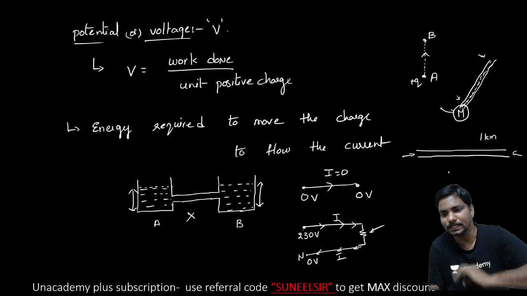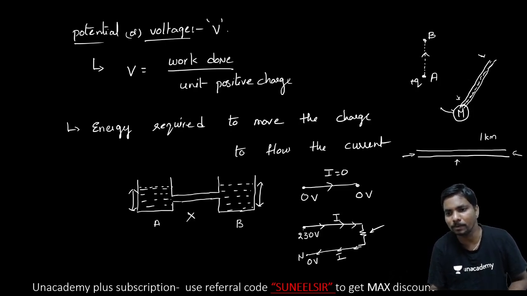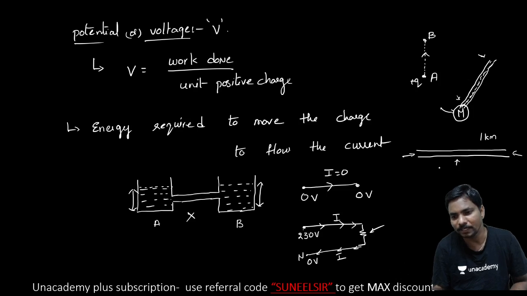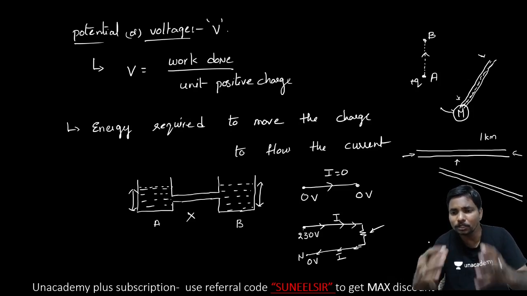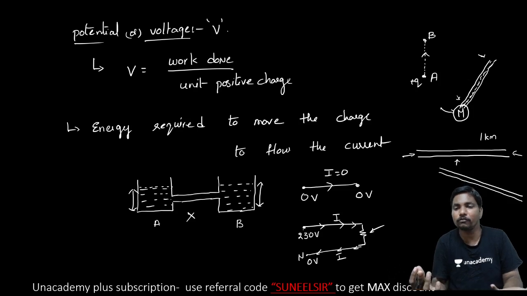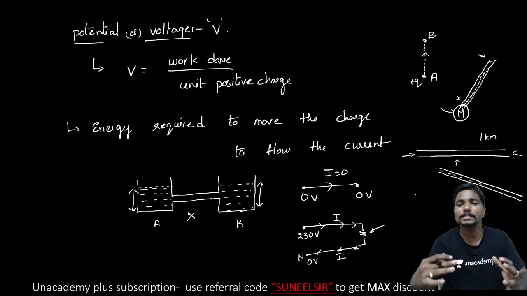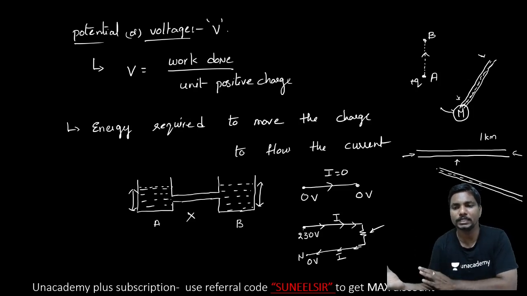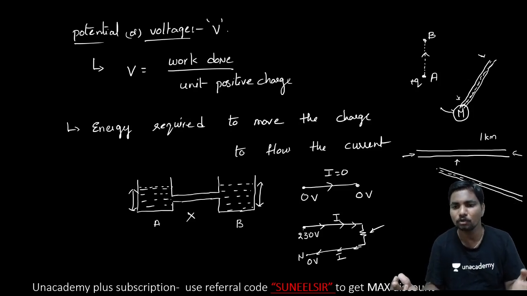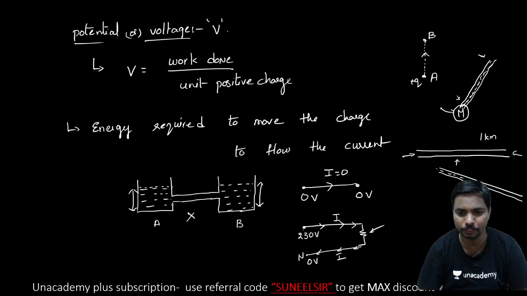For example, if the same 1 kilometer pipe is vertically inclined like this, then without any external force, is it moving or not? Why? Because here the pressure is higher, here the pressure is lower. That means whenever there is a high potential and low potential at each end, automatically current will be flowing.